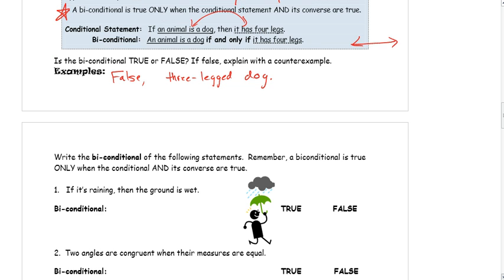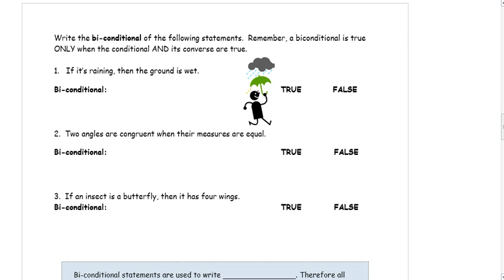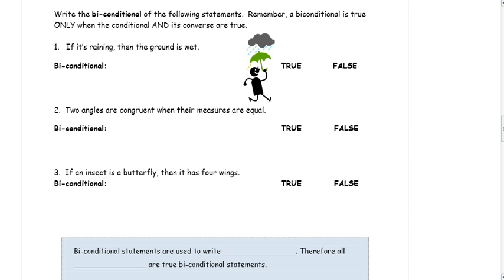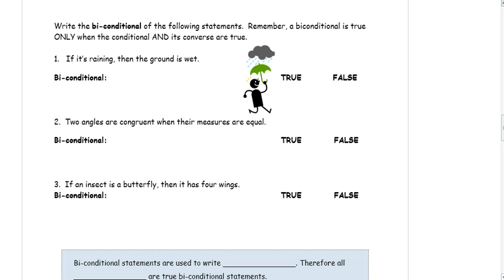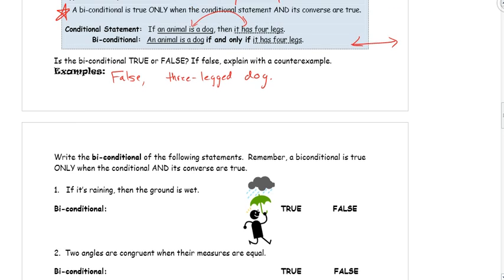Okay, so let's look at a couple more examples. Write the biconditional of the following statements. Remember, a biconditional is true only when the conditional and its converse are true, so both ways. So if it's raining, then the ground is wet. Okay, you have to think about this. We're going to rewrite it just as we did above. So same idea.